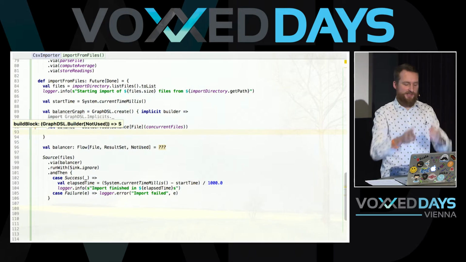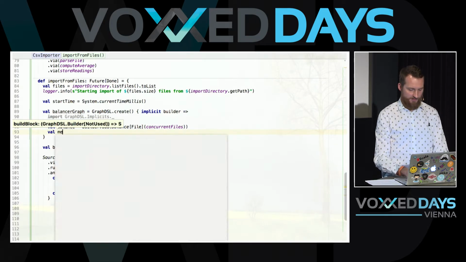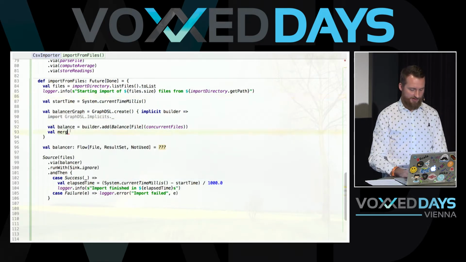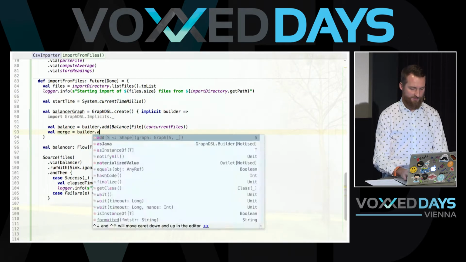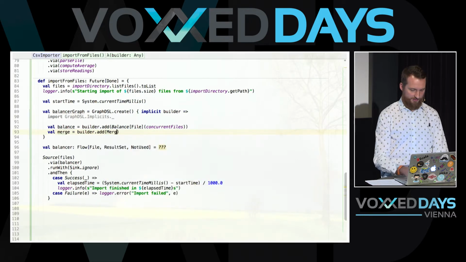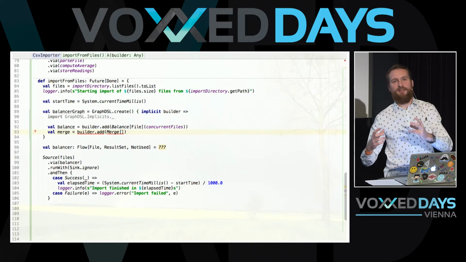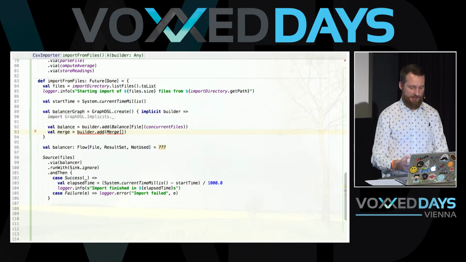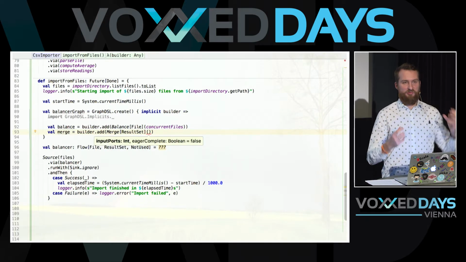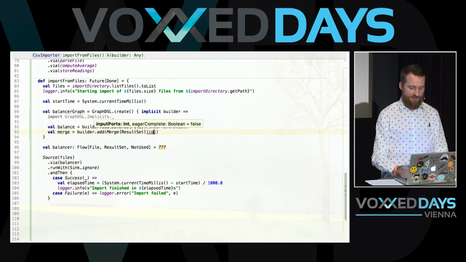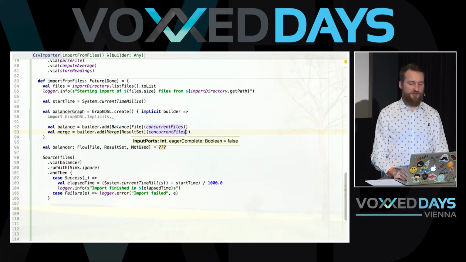Then we want to merge the results back. So we'll need another stage called merge, which is also a built-in one. So we're going to add a merge here. The type parameter of the merge will be the result set, because that's the final thing that comes out of our pipeline. And the number of inputs to the merge block will be the same as the number of outputs of the balance block.